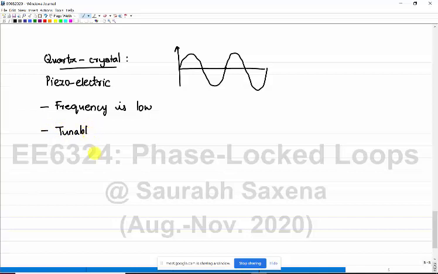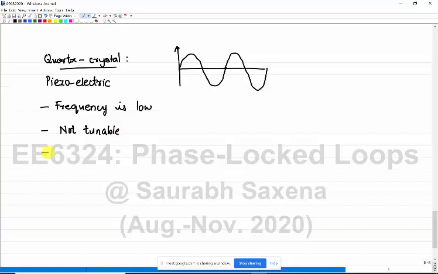Let me write it: not tunable. So you manufacture a quartz crystal and get, let us say, 19 megahertz, you will get 19 megahertz. You cannot do anything to that crystal to change the output frequency. You cannot increase the frequency for sure.